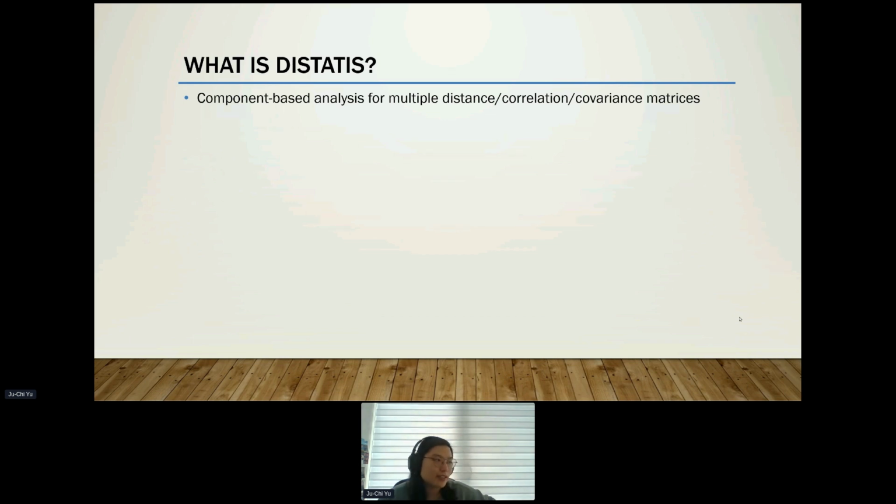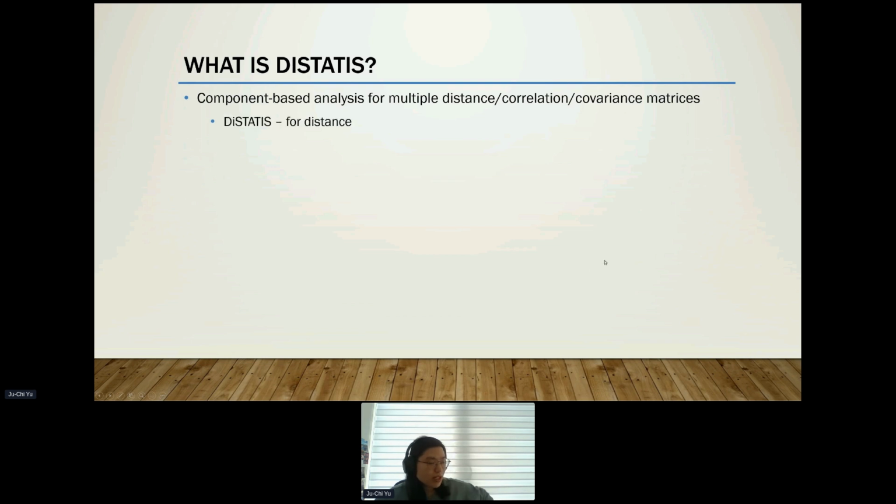Okay. So what is DiSTATIS? It's a component-based analysis when you want to analyze multiple matrices. It could be distance matrices, correlation matrices, covariance matrices, and so on. They just have to be symmetric and square.